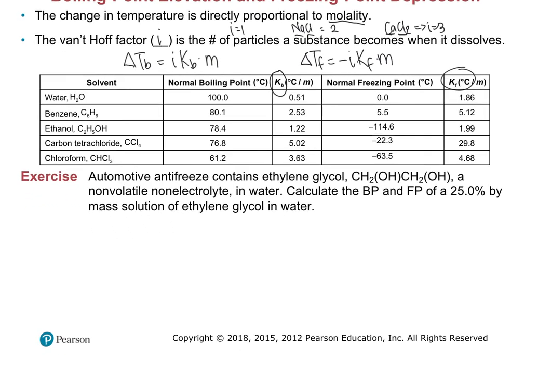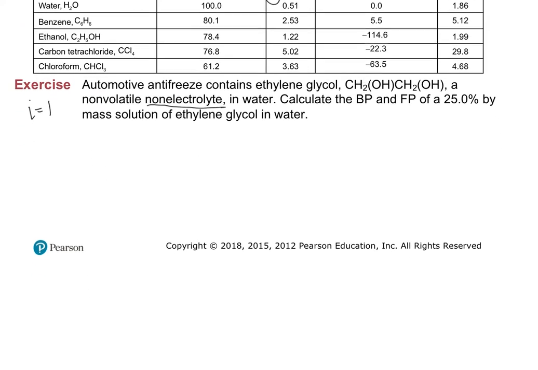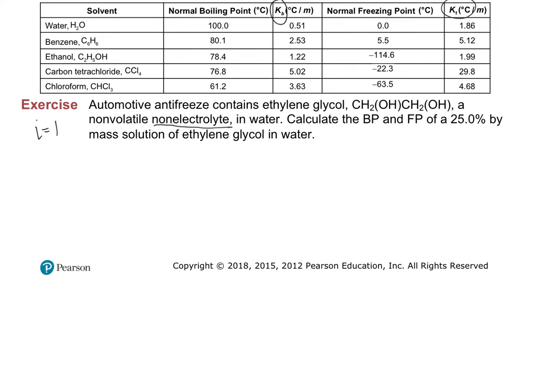So let's practice. An automotive antifreeze contains ethylene glycol, a non-volatile non-electrolyte. Now you see those words non-electrolyte and you think, ding, ding, ding, that means I don't break into ions, so i equals 1. Calculate the boiling point and freezing point of a 25% by mass solution of ethylene glycol.